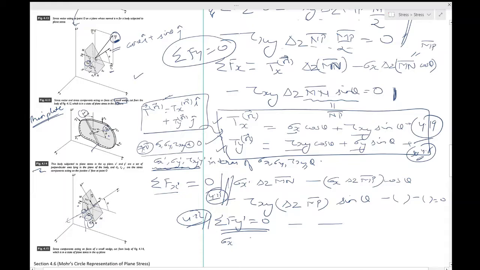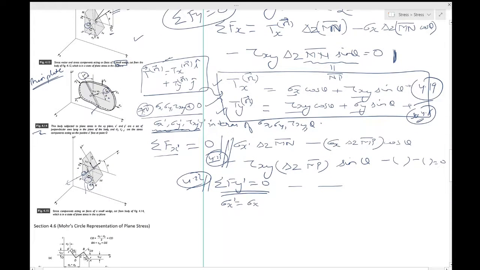Sigma x dash is equal to sigma x cos square theta plus sigma y sine square theta plus 2 times tau xy sine theta cos theta.